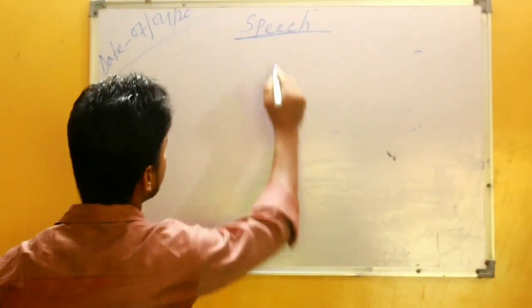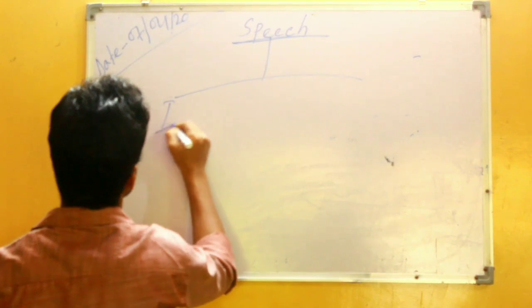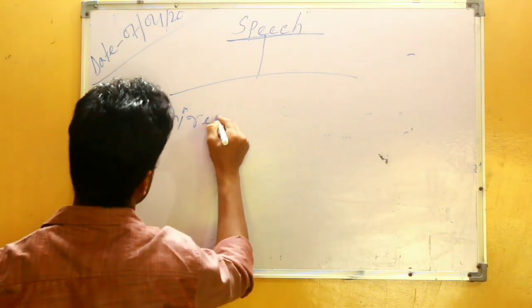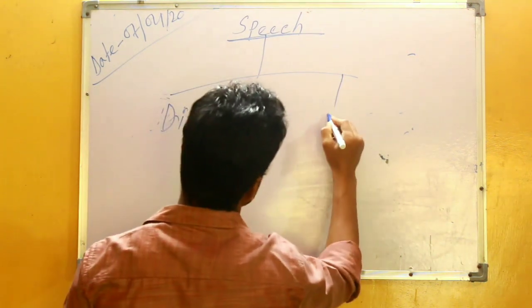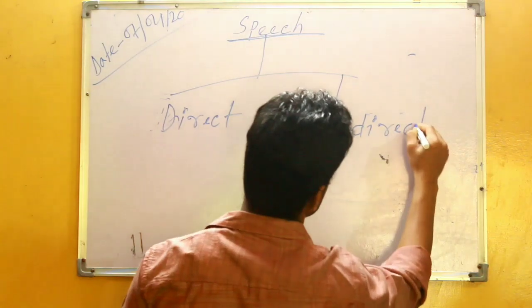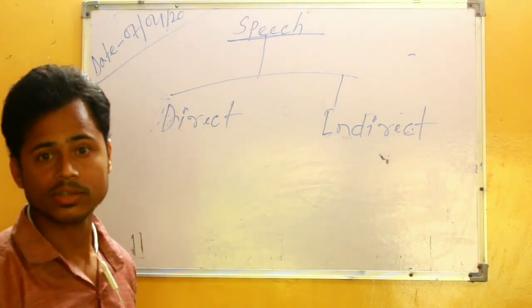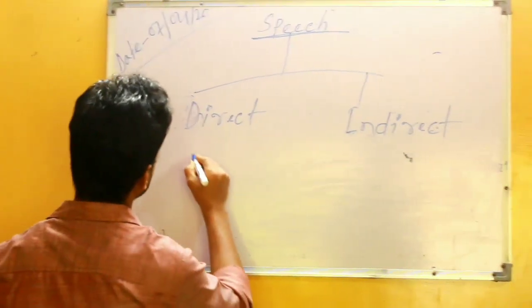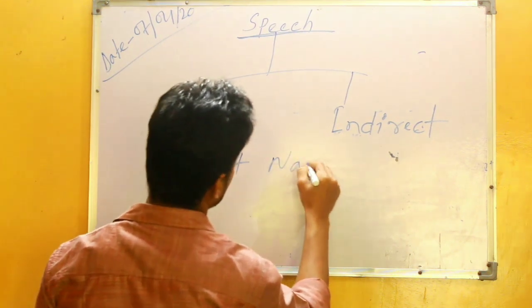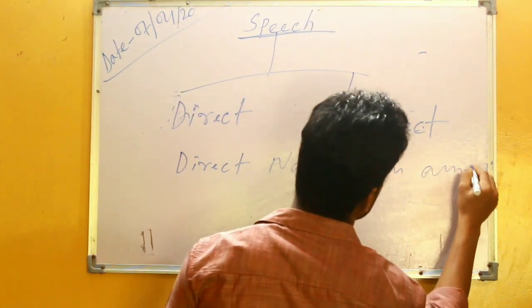Direct speech and indirect speech. There are two kinds of speech, direct and indirect, sometimes also referred to as narration: direct narration and indirect narration.